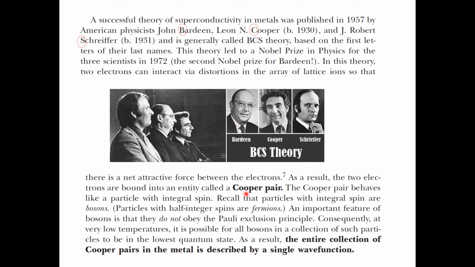This one come back to Cooper pair again, but actually I already mentioned that to you. But let's emphasize this a little bit more. So here you see the word bosons and fermions. Fermions are particles with half integral spins, and bosons are integral spins.